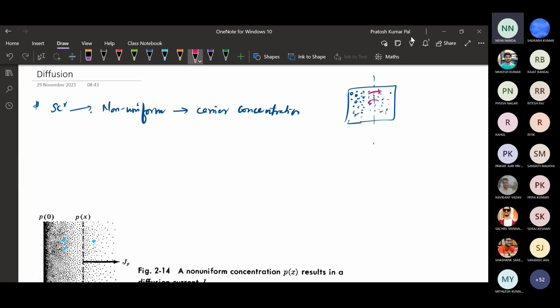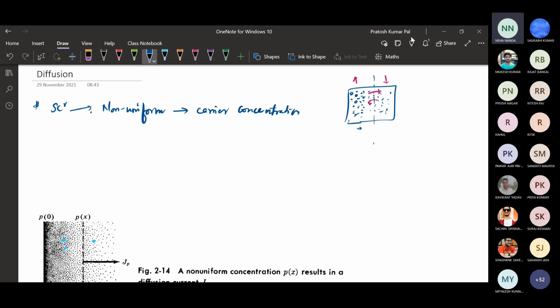So we will be observing a net flow of charge carriers basically from higher concentration to lower concentration. Okay, so concentration gradient means whatever the charge carrier concentration is at a particular location or with respect to distance.